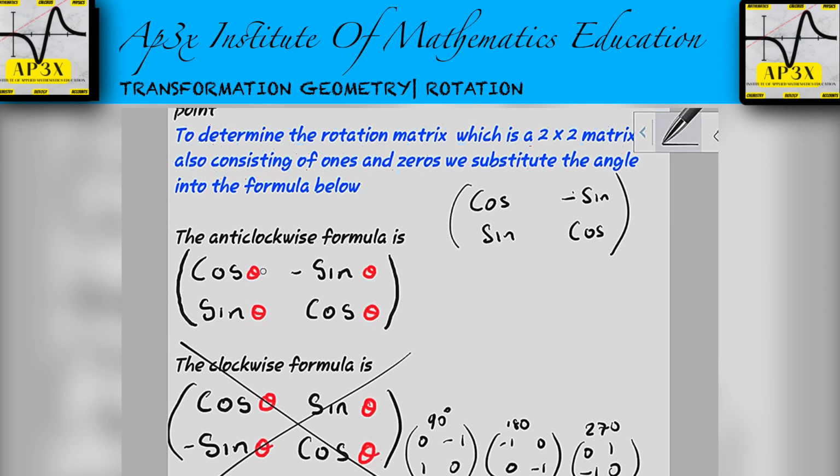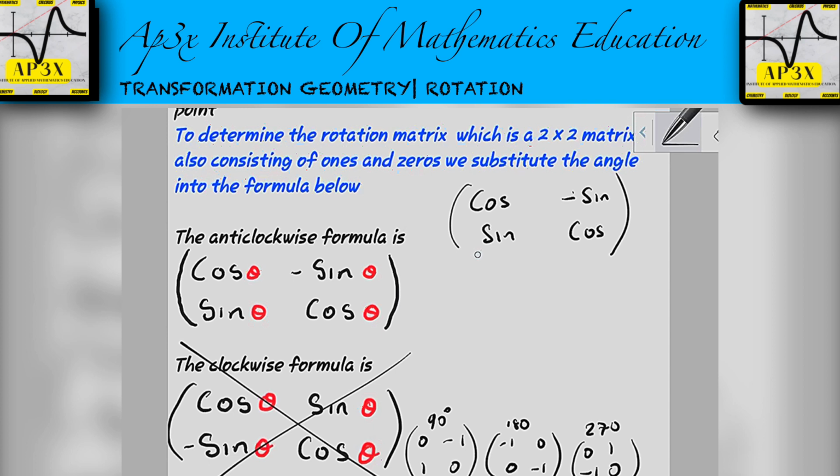Now, here, let us just say that you got a question that requires you to rotate the object, as opposed to going 90 degrees anti-clockwise, they're then asking you to rotate it 90 degrees clockwise instead.